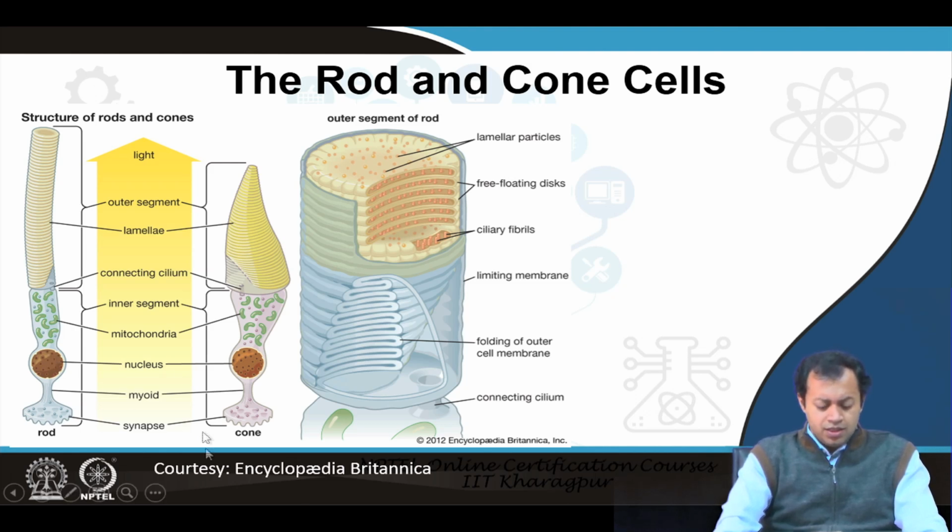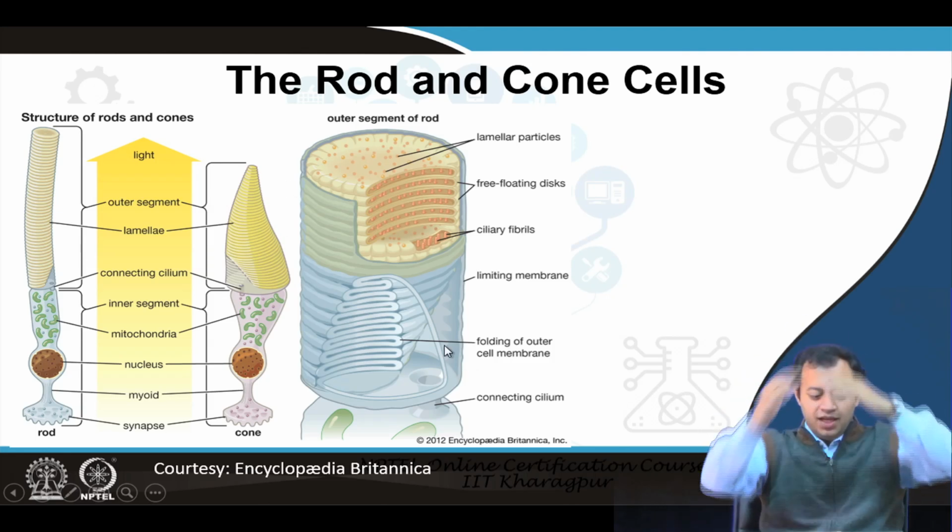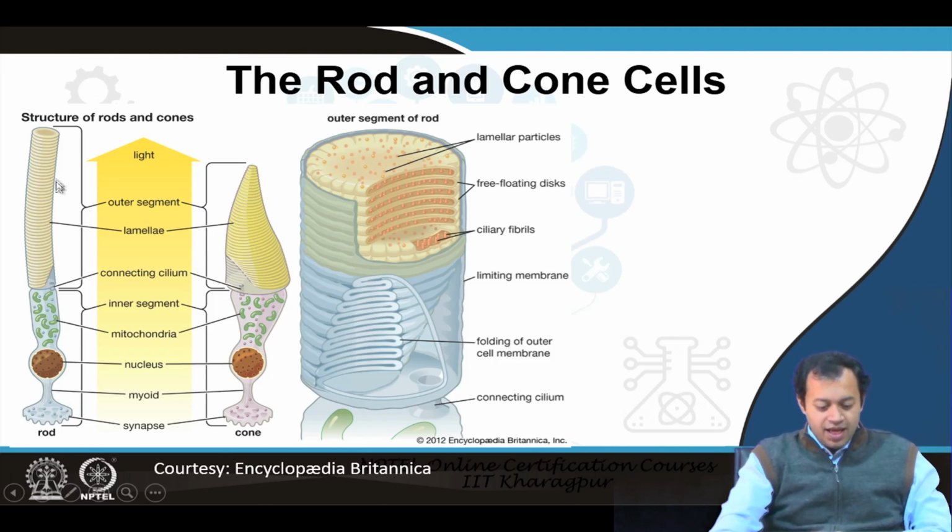There is a nucleus, but the most important features of rod and cone cells are these flat pancake-like, disc-like structures, one after another. They call it lamella or whatsoever. I call them pancakes. I don't know what you are going to call them, disc-like structures, and they have the central fibril.